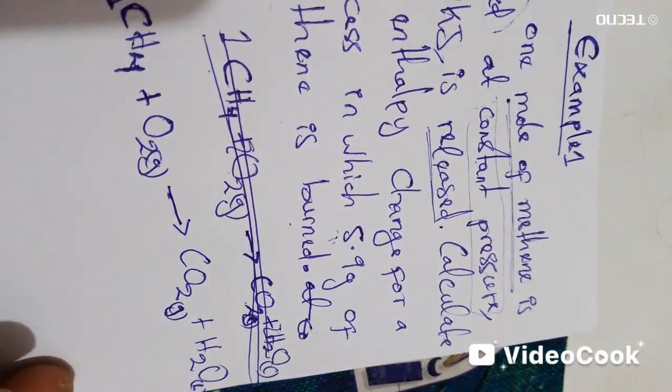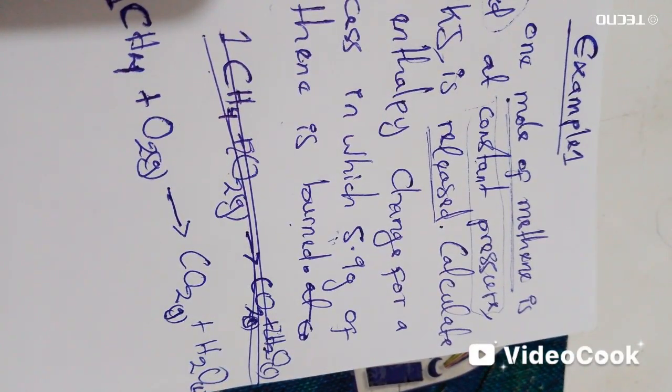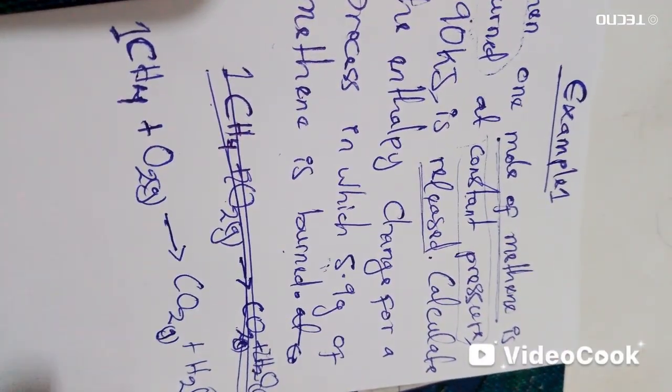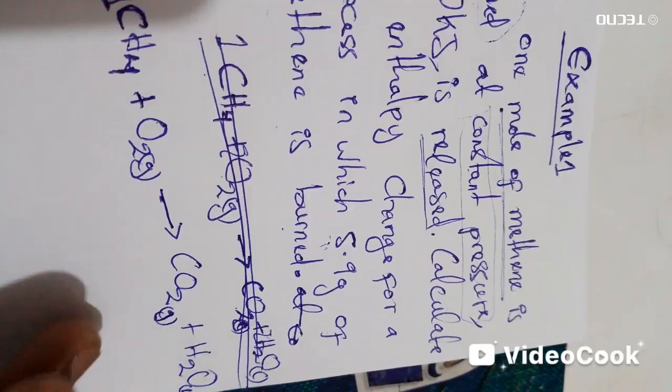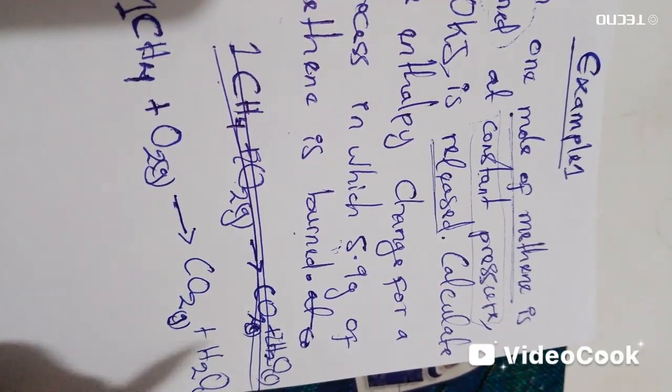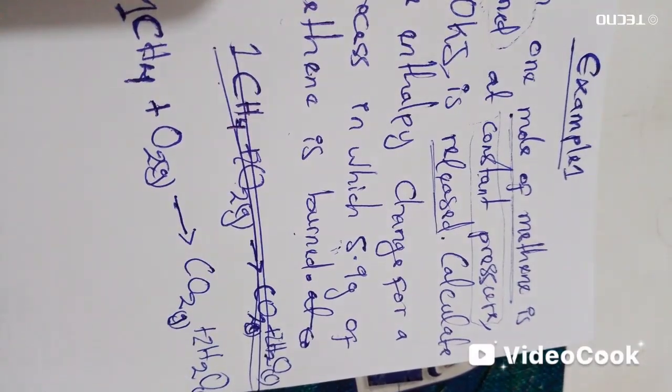So what do we know from here? We know this is the equation. Should I balance it? It's not important in this question, but let me balance it anyway. On this side there are 4 H's, so I have to put a 2 here to make 4 H's.